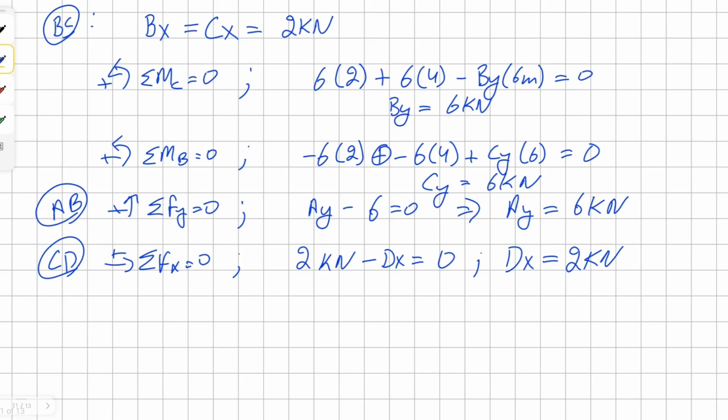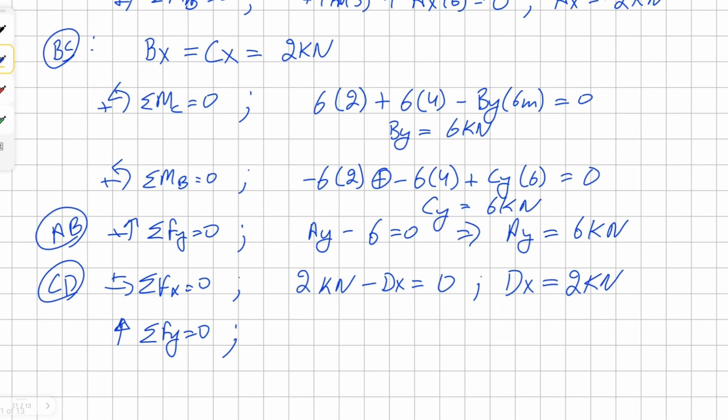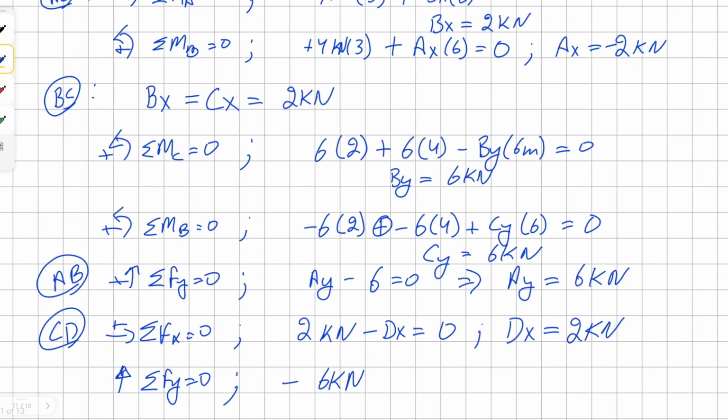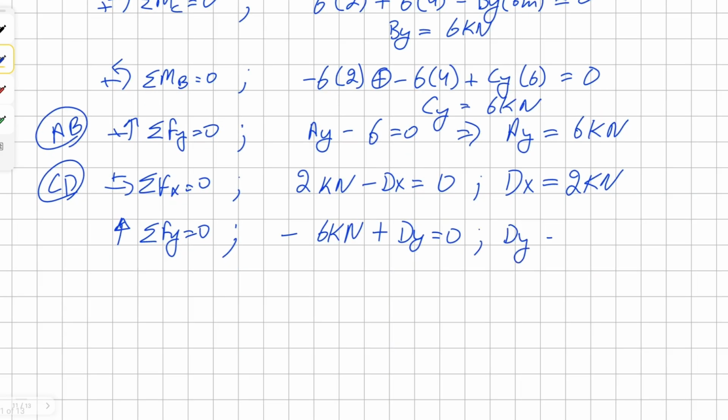Now before taking the moment, we can also find the vertical component for point D. So that's going to be negative 6 kilonewton for the vertical component for point C, plus Dy equals 0. Solving for Dy, the solution is 6 kilonewton.